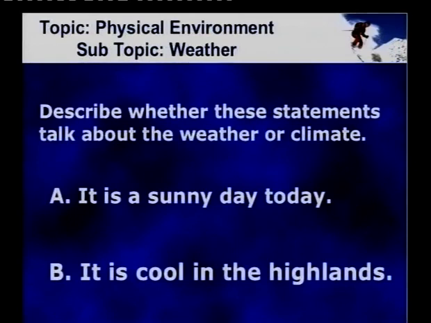Come on, I want you to think. Why is statement A talking about the weather?